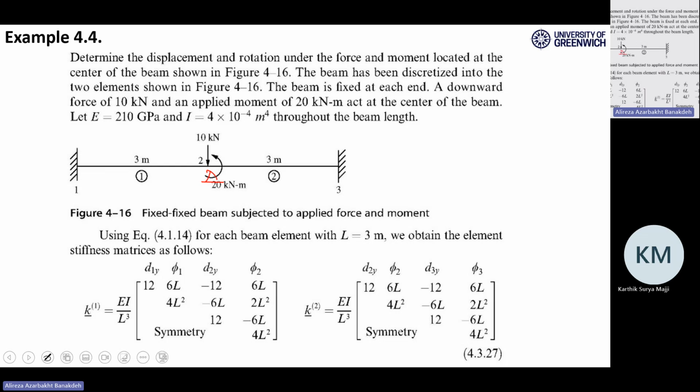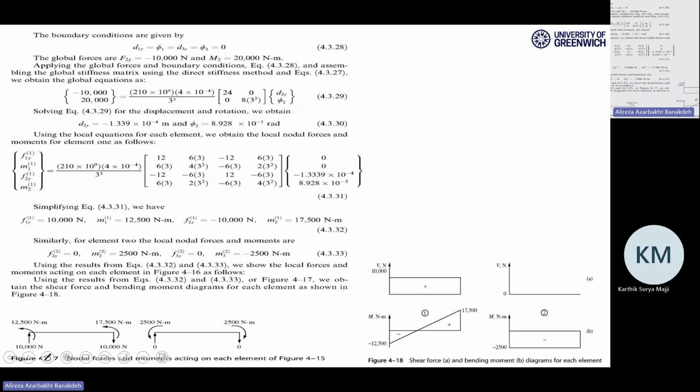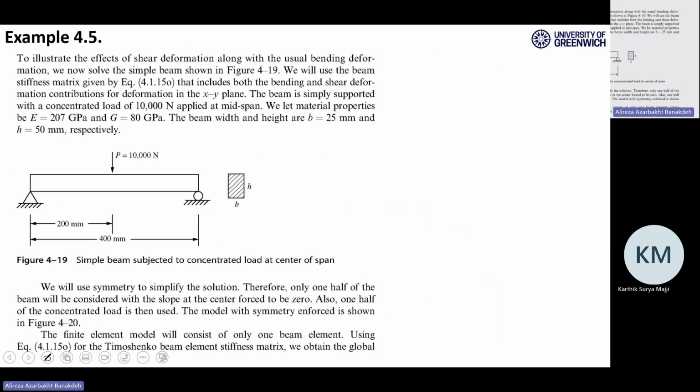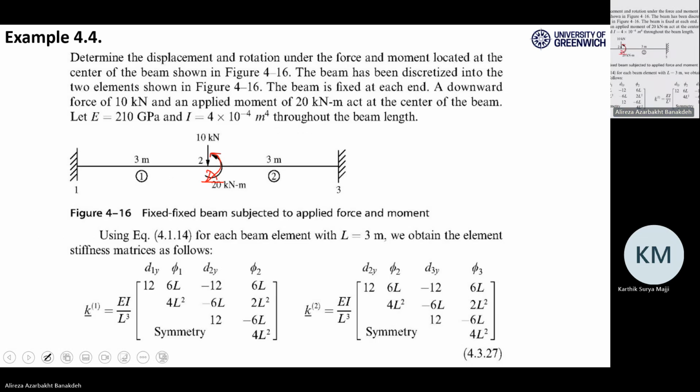It doesn't matter. The only difference is you have a 20 kilonewton meter moment here. When you assemble your stiffness matrix, you can just repeat example 4.2.